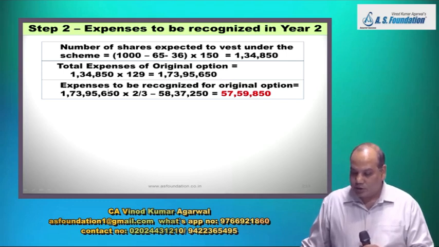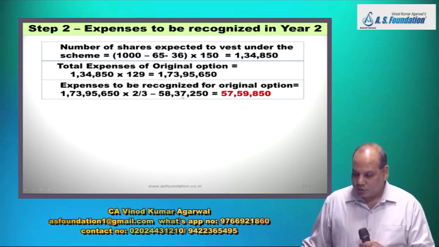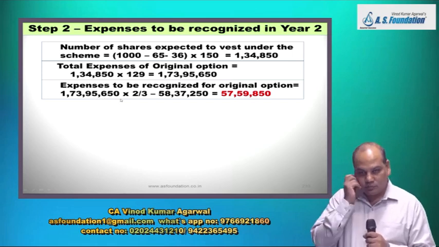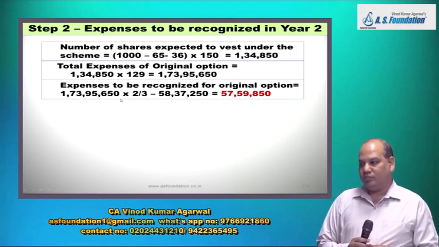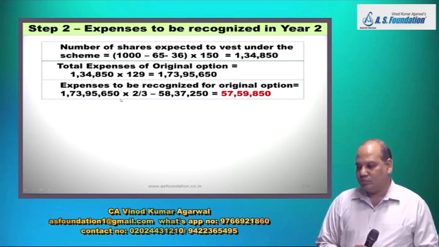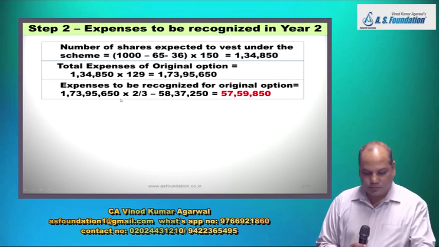And point C, write down expense to be recognized for the original option: two-thirds of 173,95,650 minus the previous year.